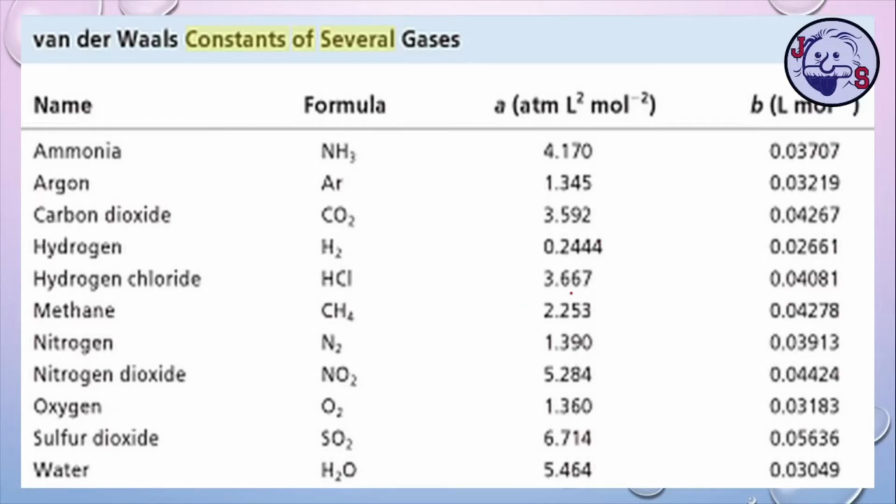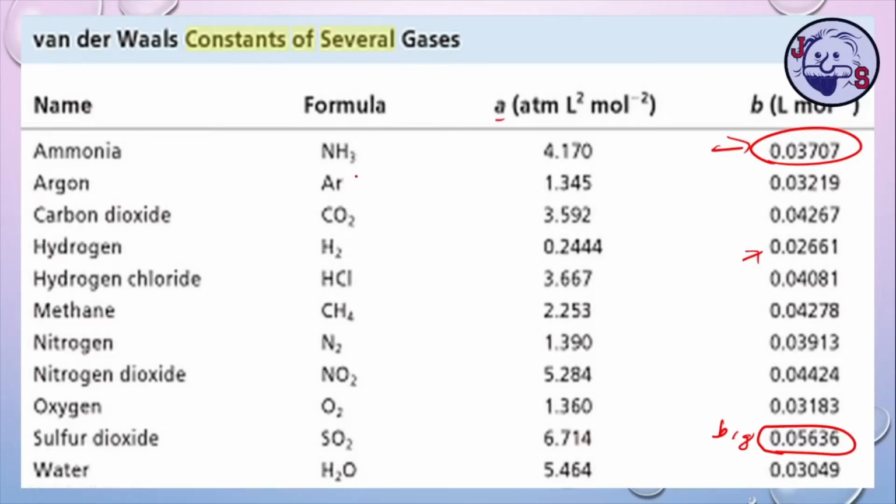It means that sulfur dioxide has a larger size compared to ammonia in terms of particle size. Sulfur dioxide is bigger than ammonia, and more so, bigger than hydrogen gas.